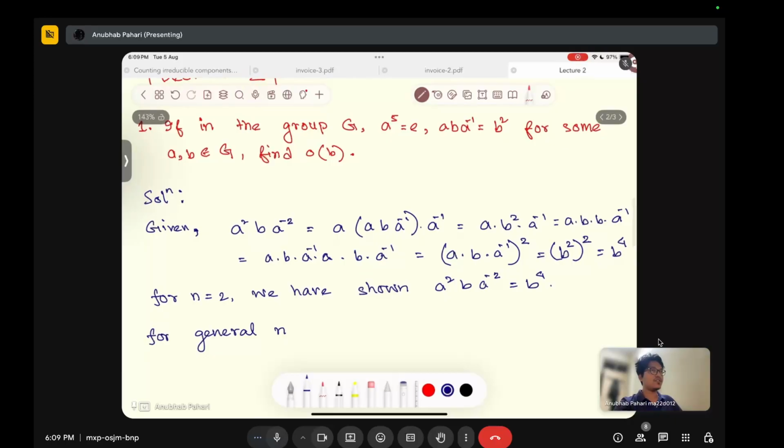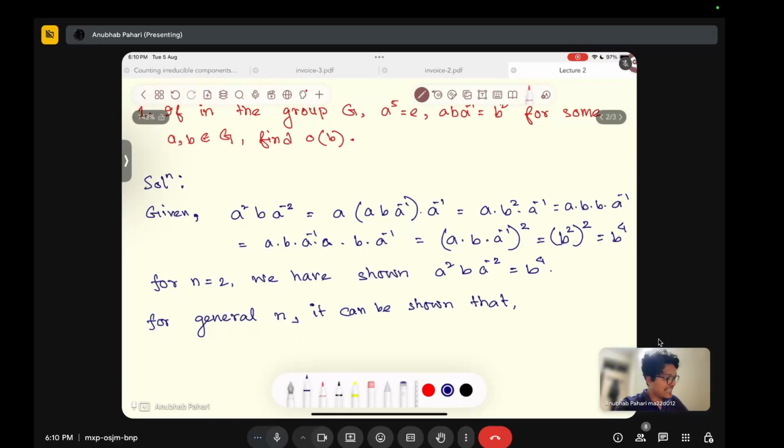So now for general n, again it can be shown that a to the power n, b, a to the power minus n should be b to the power 2 to the power n.